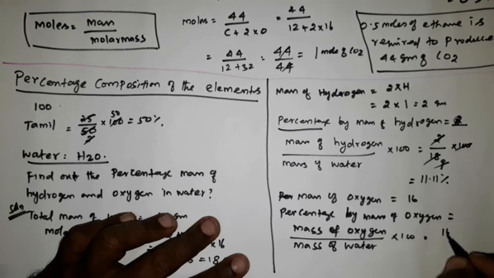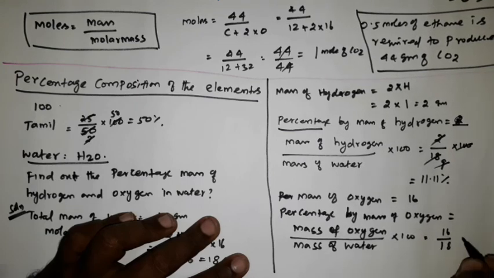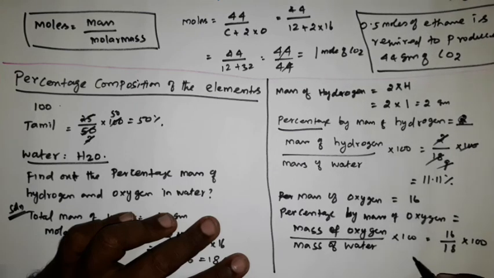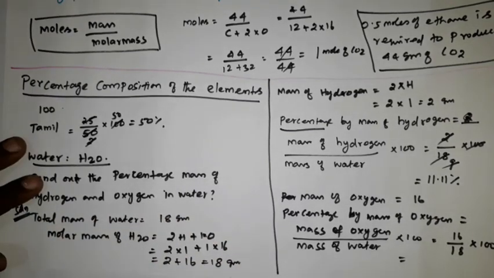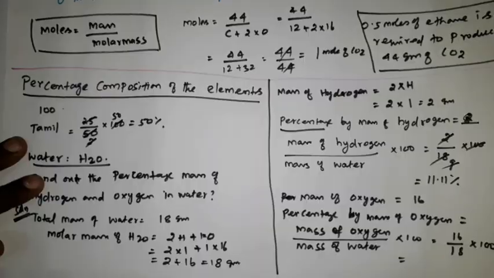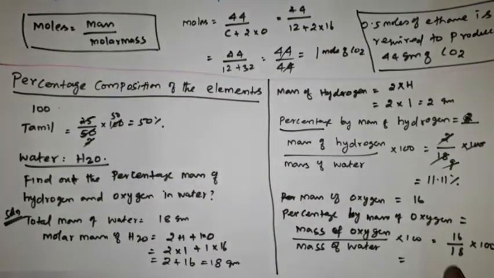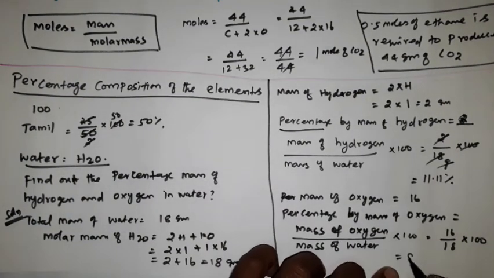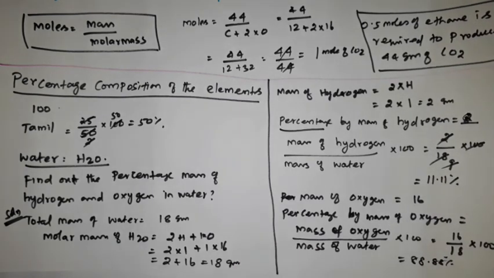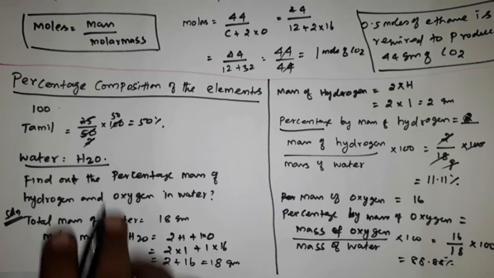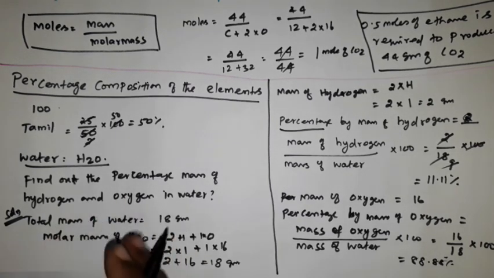So 16 divided by 18 into 100. So what will be the answer? Check. That answer will be 88.88 percentage. So this is the way you have to calculate the percentage by mass of the given elements.